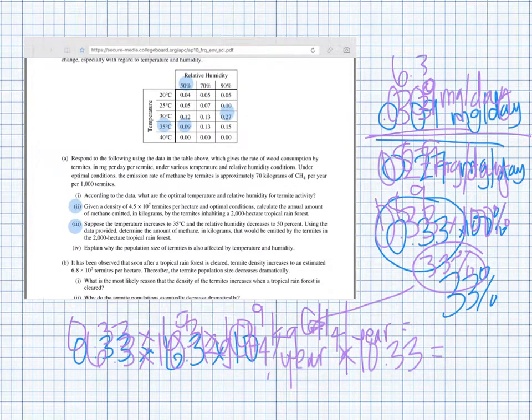So then I've got 9, 7, 2, 1, 2, 3 decimals. Oh, that's a multiplication, that's an addition there. And then I'm going to round. So I have 2.1 times 10 to the 9th.